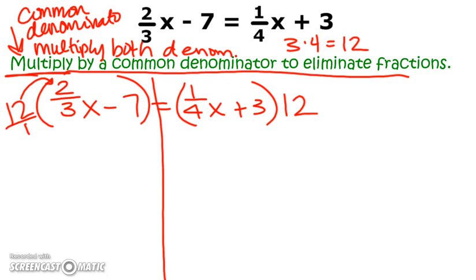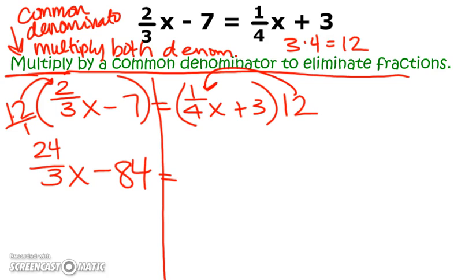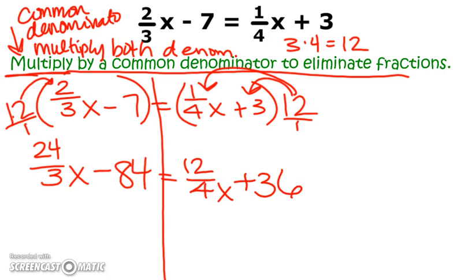You can put a 1 right there if you want to make it look like a fraction. 12 times 2 is 24 over 3x minus 12 times 7, negative 7 is negative 84. Equals, and we're going to do the same thing this way. 12 times 1 is 12 over 4x. And then 12 times 3 is plus 36.